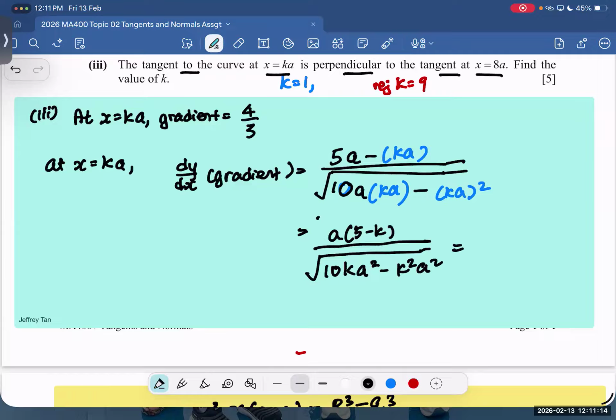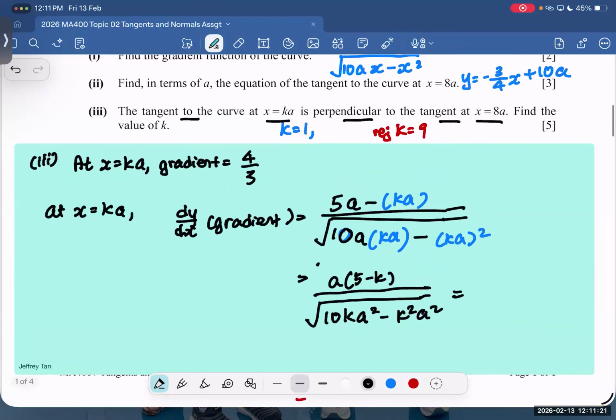I'm subbing k into the equation and after that later you find the equation. That's what I'm doing now. Not the gradient equation. I think you will get the same equation. Yours will be a bit longer because you use tangent, I just use dy/dx.